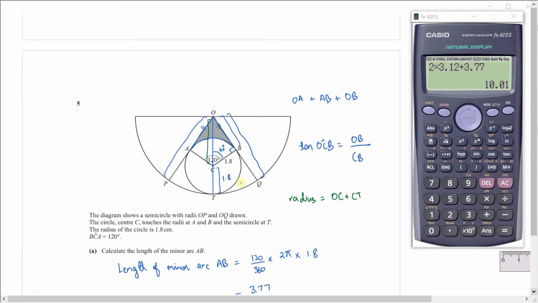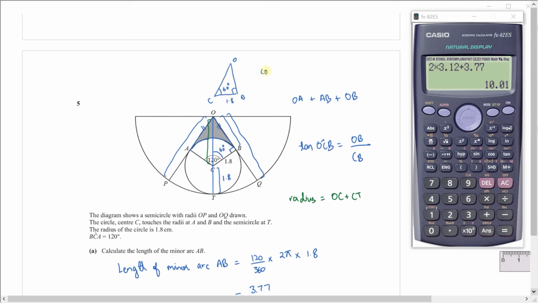Now we already know that CT is 1.8. We can calculate this length OC again using this triangle OBC. So let me draw this triangle out here. This is B, 90 degrees. This is center C and this is O. This is 1.8. This is 60 degrees. And this is this length OC. This is the hypotenuse, this is the base.